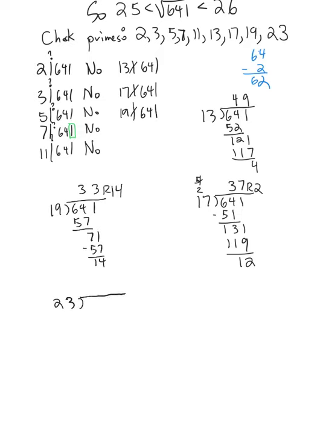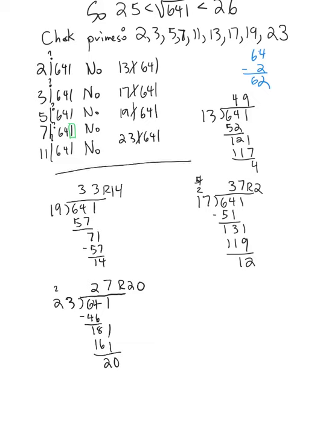So is 23 a factor of 641? I don't know. 23 goes into 64, let's say twice, minus 46, that's 18. And it goes into 181, let's say 7 times, 8 times, let's try 7. 7 threes are 21, carry your 2, 161, with remainder 20. So it looks like 23 also isn't a factor of 641.